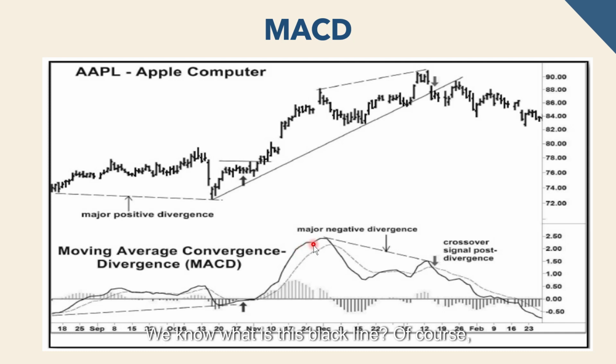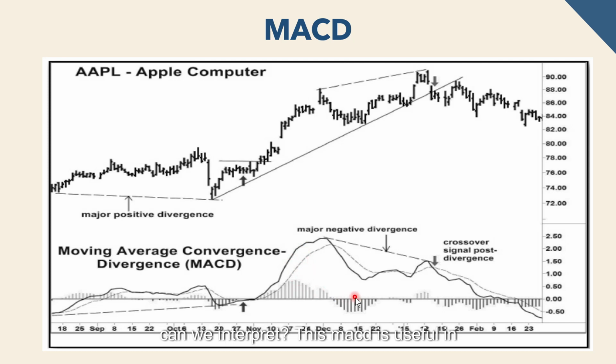We know what this black line is, of course, the MACD line. We know what this dotted line is, the signal line. What is this histogram? The histogram is the difference between MACD and the signal line. Now you understand the significant attributes of MACD: MACD line, signal line, histogram.